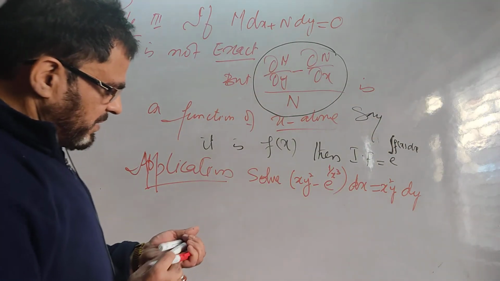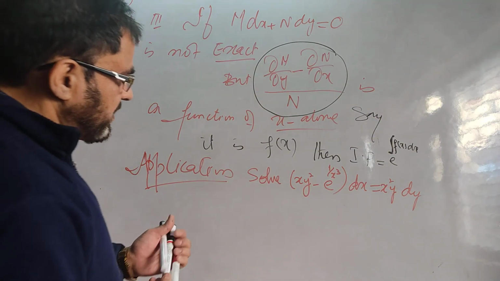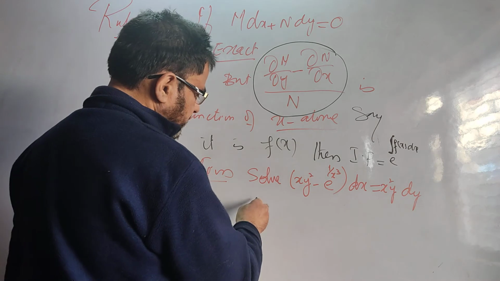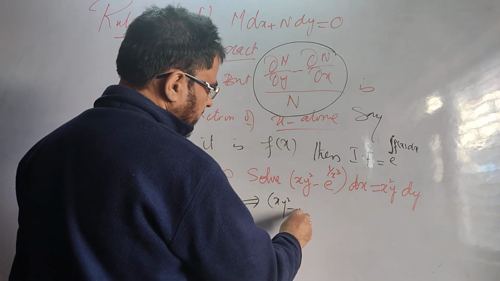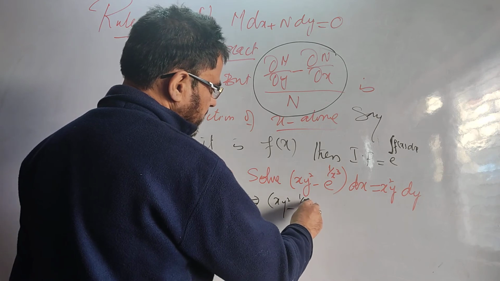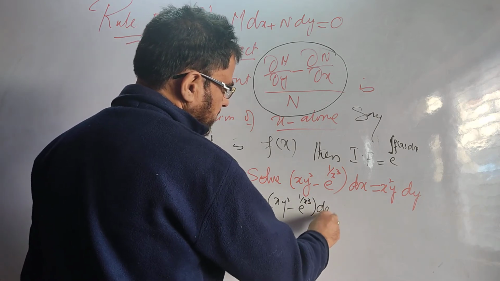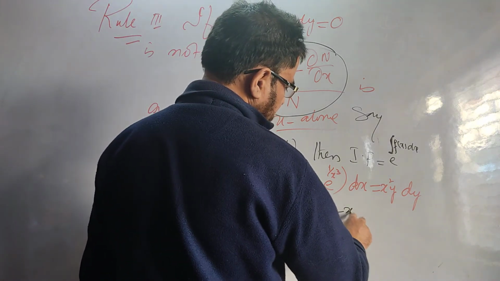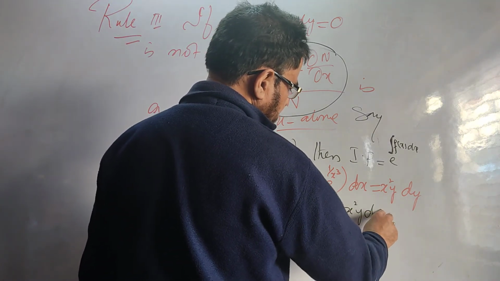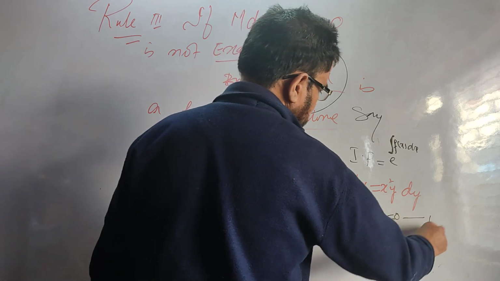Let us solve this differential equation. What is this actually? This is xy square minus e raised power 1 by x cube dx minus x square y dy is equal to 0.